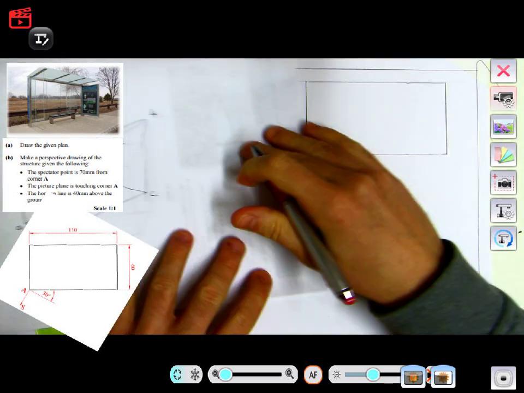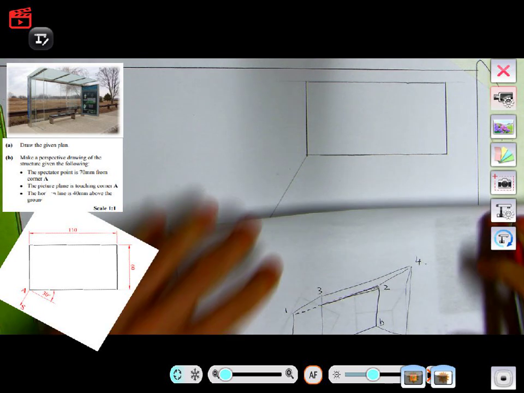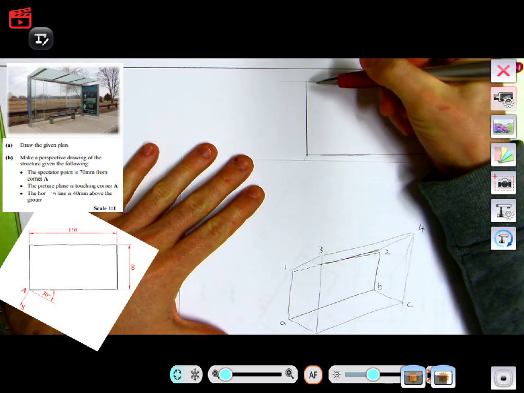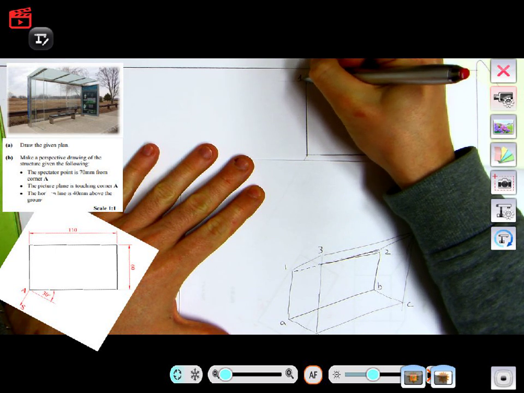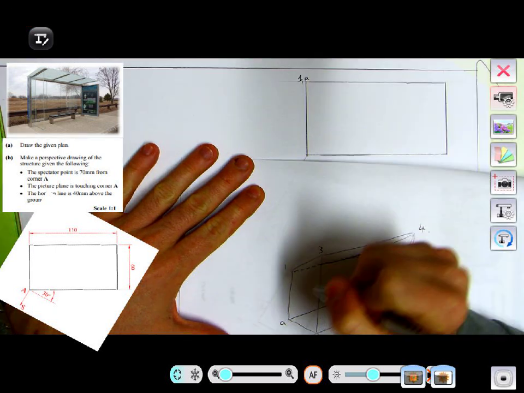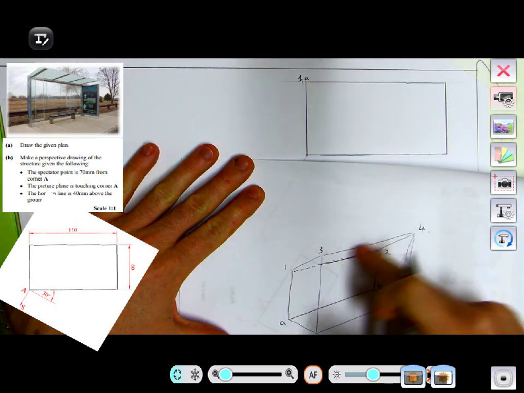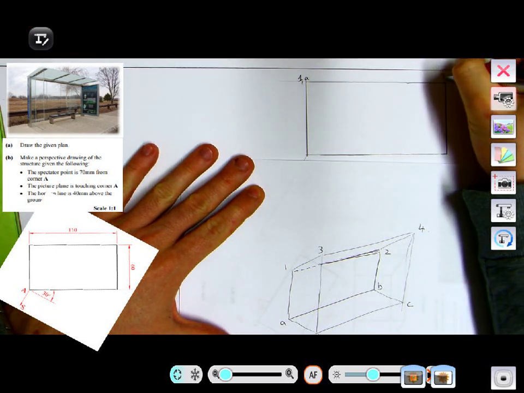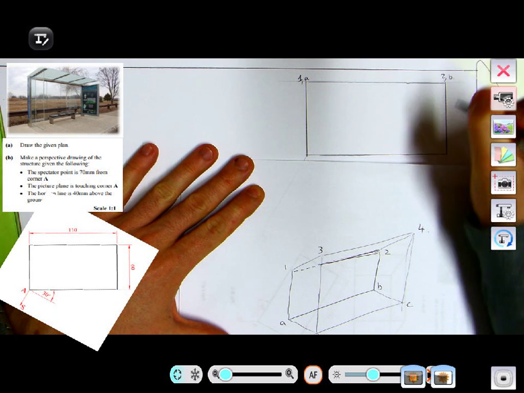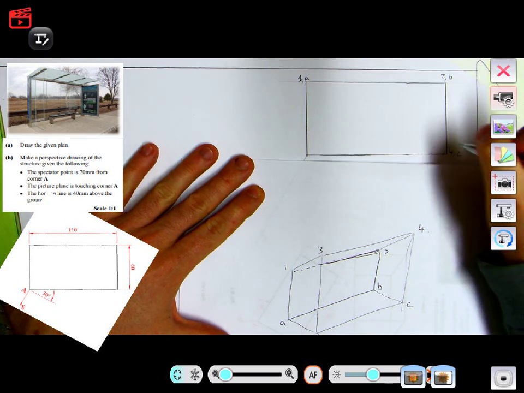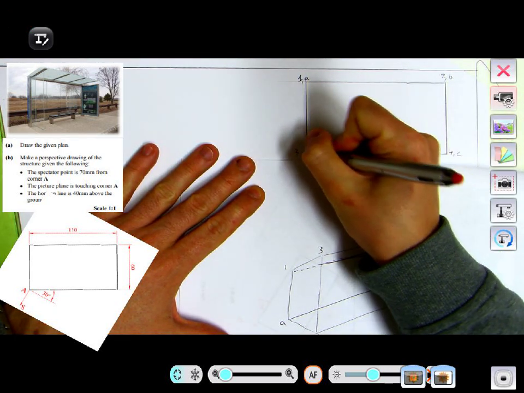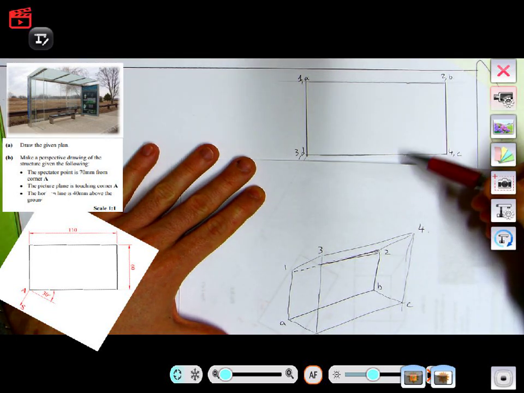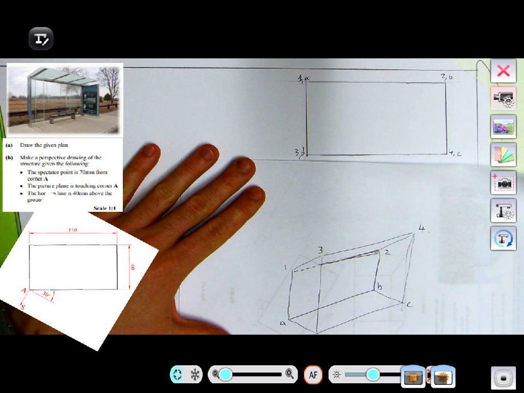So if we look at our graphic here, this back corner is going to be point 1 and A. So we have 4 points in the air and 4 points on the ground. Over here we have 2 and B, we have 4 and C, and we have 3 and D. So those 4 points of the plan view are 8 points in our 3D. So we've got them labelled up.